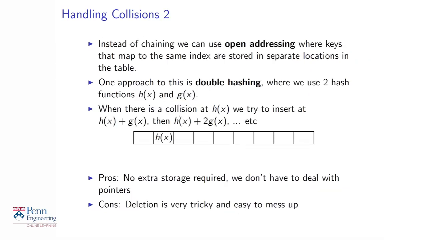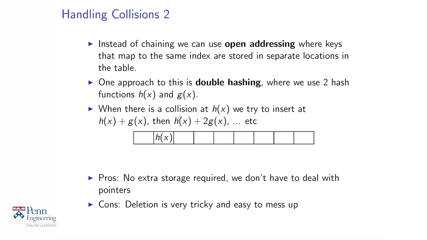So another way of handling collisions is not to use linked lists, but to use something called open addressing. So you want to insert an element x into the hash table. You look at location h of x, and you find that it's already occupied. Then what do you do?